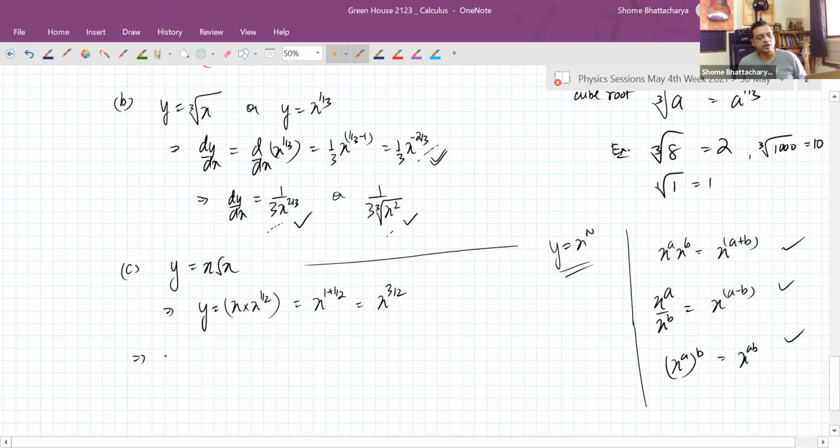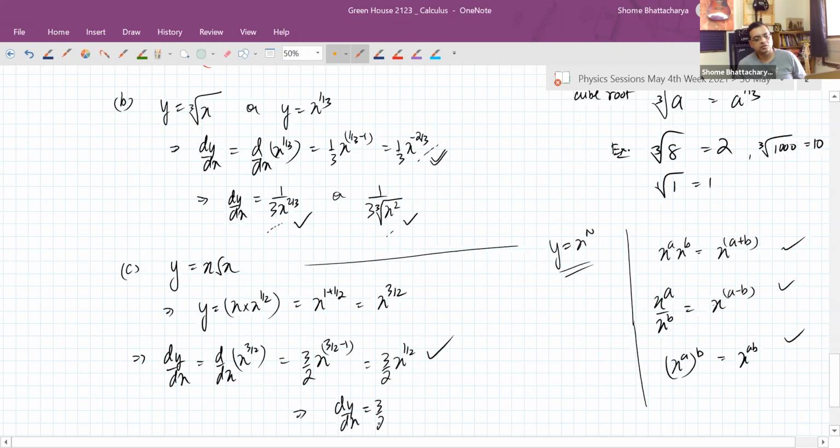So differentiation of y with respect to x, we can now express as differentiation of x to the power 3 by 2. And then we can apply the power rule. So that is 3 by 2 into x to the power 3 by 2 minus 1, or 3 by 2 into x to the power half. So this is also okay, but we can further write x to the power half as root x.